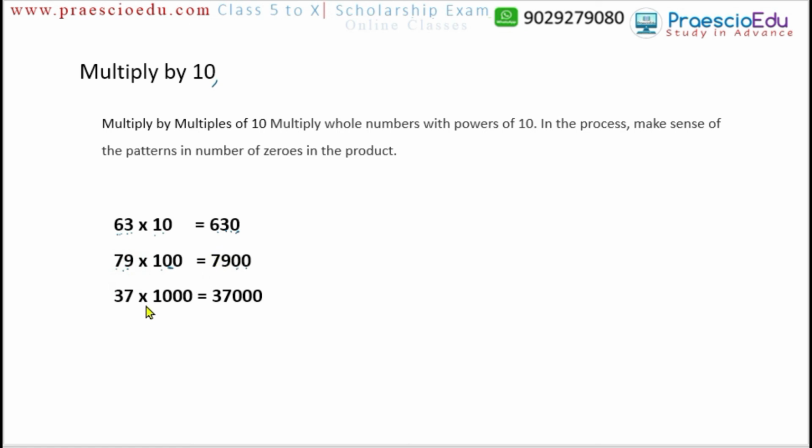Likewise for a thousand, there are three zeros, so we will add them after the 37, meaning we will keep the 000 after 37, and 3 and 7 will move to the higher places. These zeros maintain the hundreds, tens and unit places respectively. So this is multiplication by 10, or 100, or any power of 10.